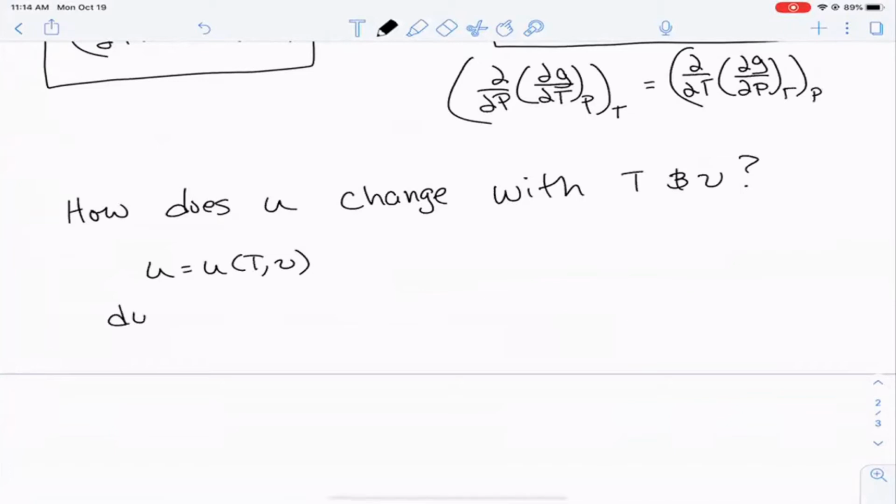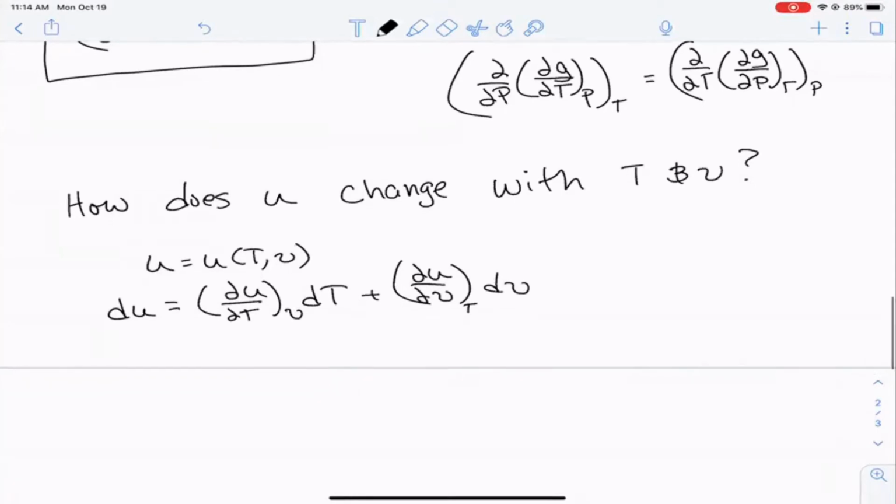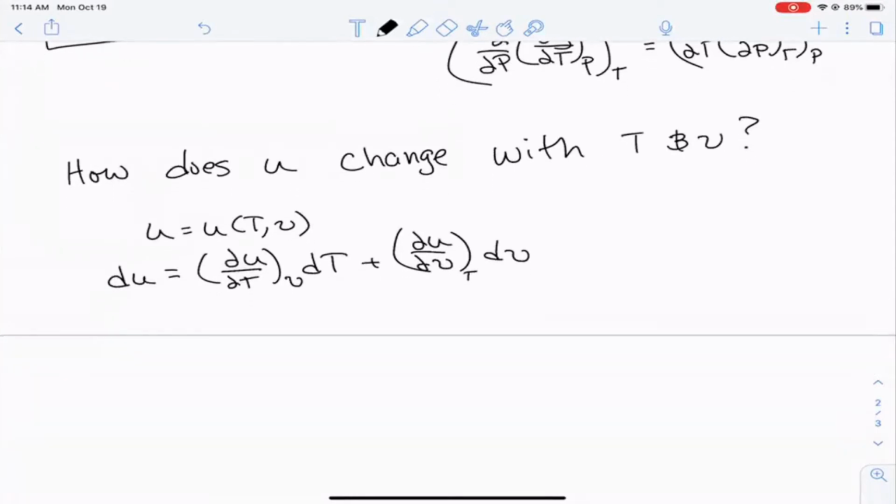And so we would know that dU would be equal to (∂U/∂T) at constant V times dT plus (∂U/∂V) at constant T times dV. And we took this step really early on in the semester, and we've actually used it to derive expressions for entropy and other things.